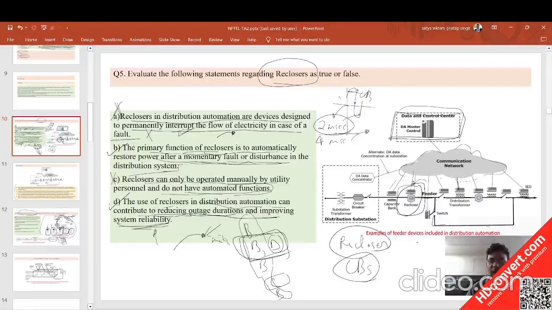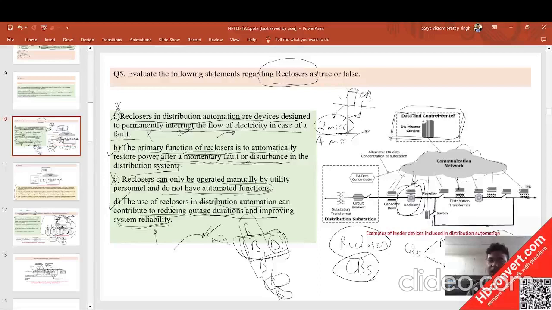Circuit breakers are currently of two types in the market. One is manually operated, which senses that the current I is greater than I nominal and it will trip. The relay will sense and give the command to the CB to trip. And an automatic one is also there.